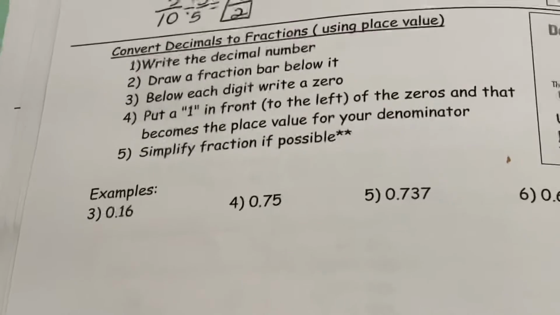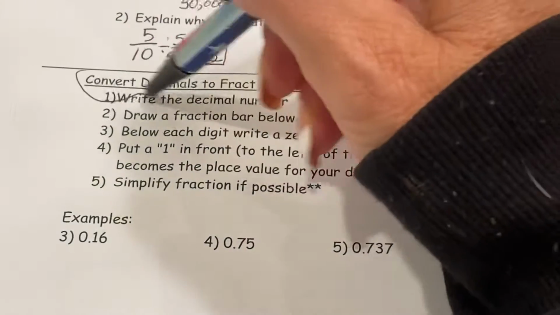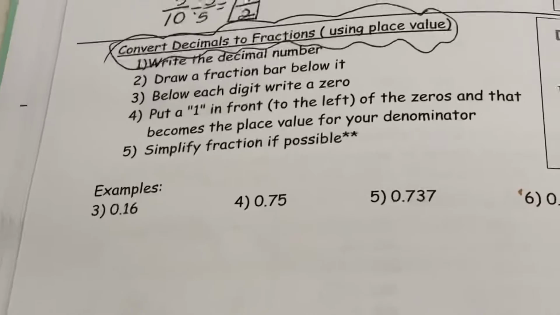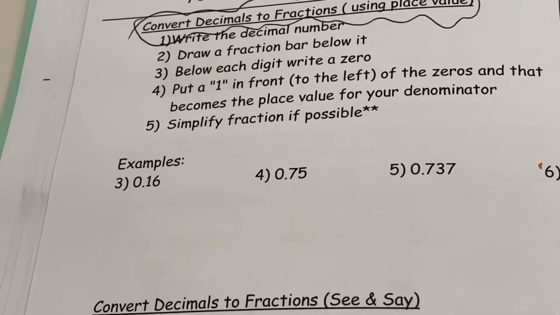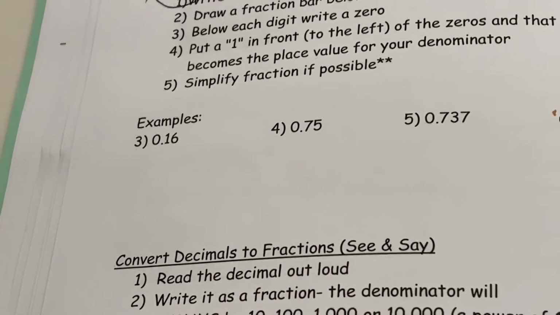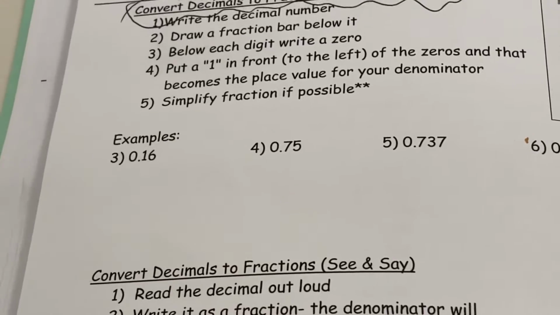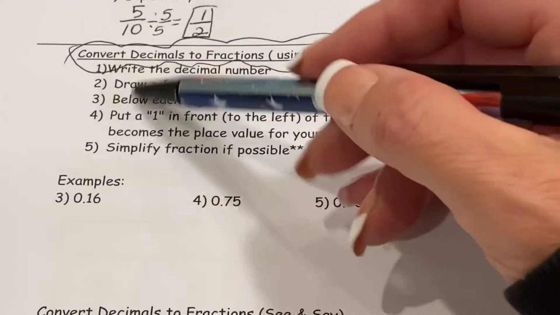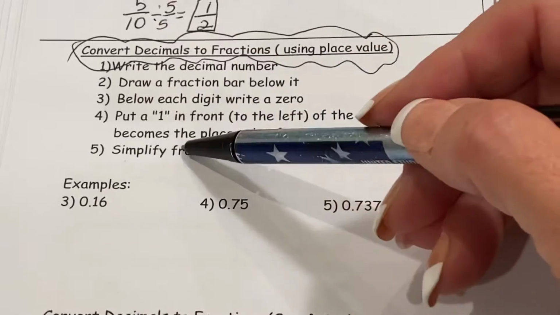Okay, let's scoot down. The first section here: converting decimals to fractions using place value. The focus of the lesson today is converting decimals to fractions and mixed numbers, and this is pretty cool. In this particular lesson, there are directions here, and there are notes on how to do it.